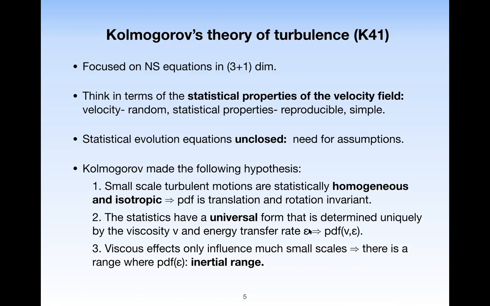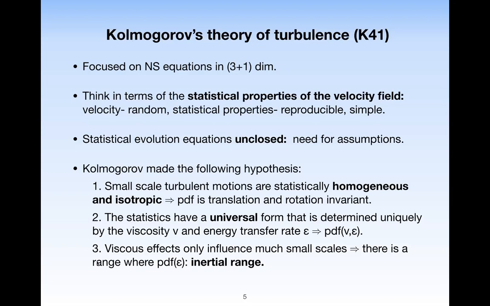And essentially, this epsilon tells you how large vortices in 3+1 dimensions break up into smaller ones. Okay, so the content of this similarity hypothesis is essentially that the PDF should only depend on the velocity, on the viscosity, and on epsilon.